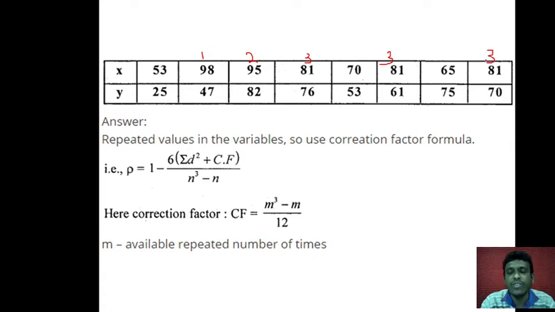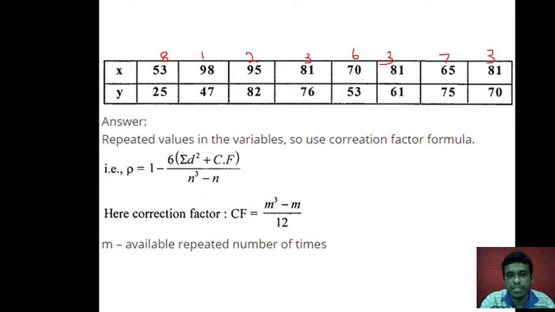So there is a tie on third rank. Assume that 1, 2, 3, 4, 5 have already been given, so the next rank given is 6th rank. 6th rank will be for this, 7th rank for this, and 8th rank for this person.